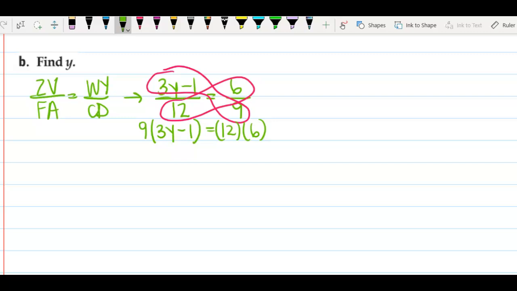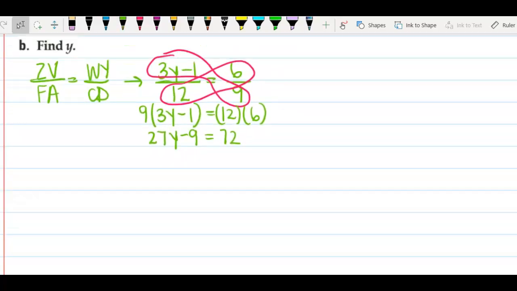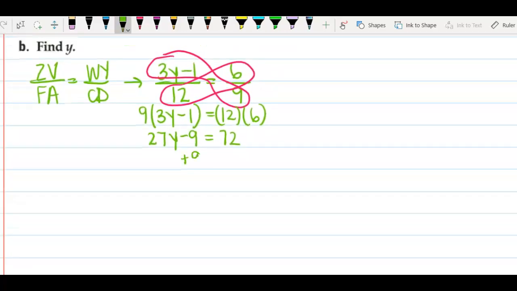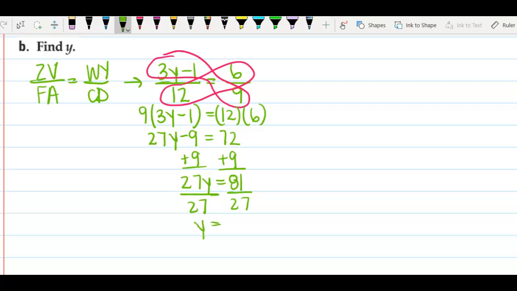So I need to distribute this in. 9 times 3y would be 27y minus 9, and 12 times 6 is 72. All right, and then I could solve this. Plus 9, plus 9. 27y equals 81. Divide by 27. Y would be 3.